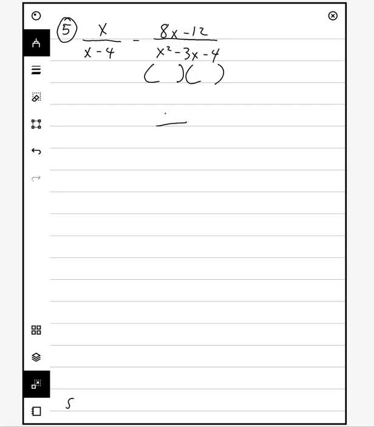So two numbers, when they multiply, gives us negative 4. But then those same two numbers, when we add them, gives us negative 3. And since we have a negative number when we multiply them, that means one of them has to be negative. And then since when we add them, it gets negative 3, that means the negative number is going to be the bigger one.